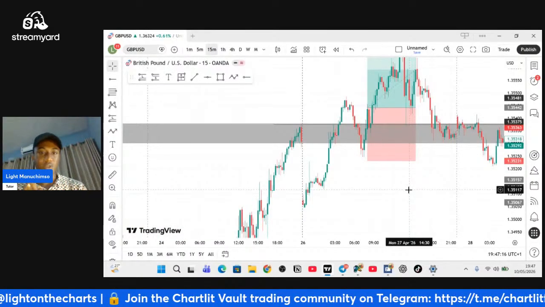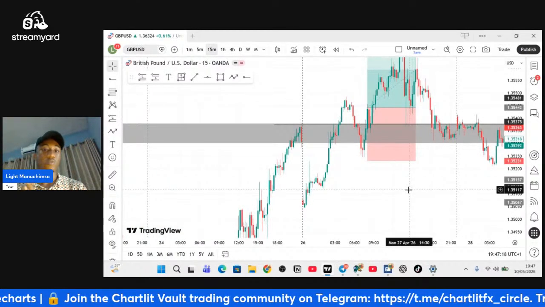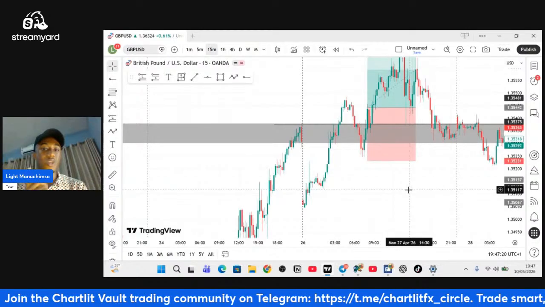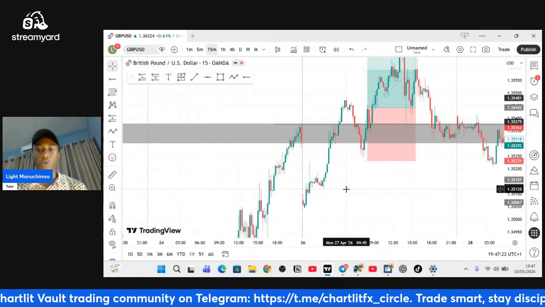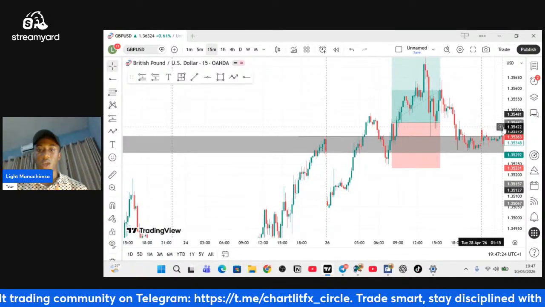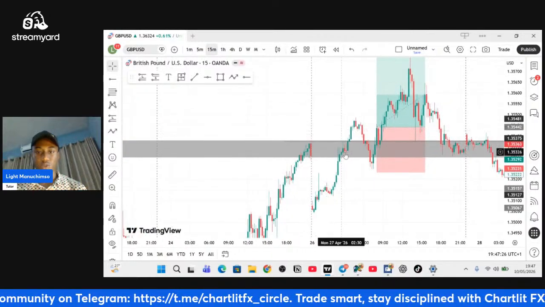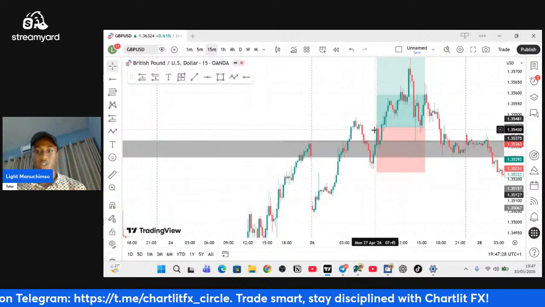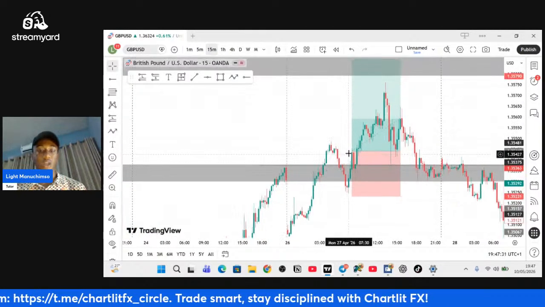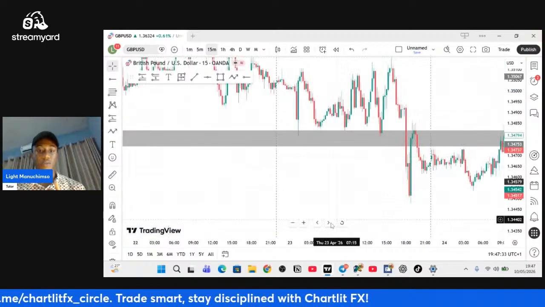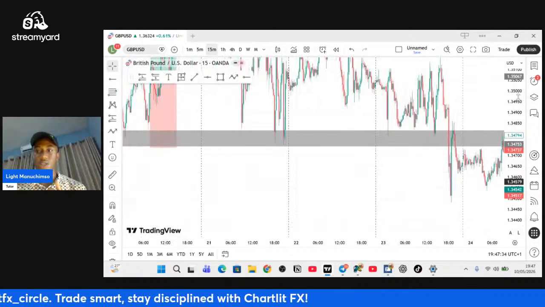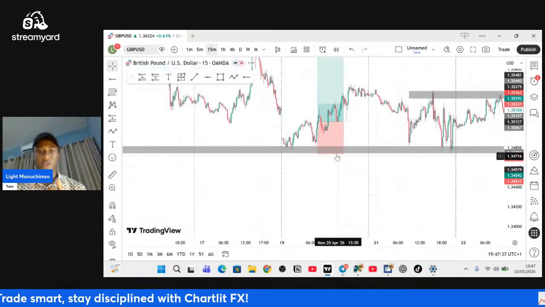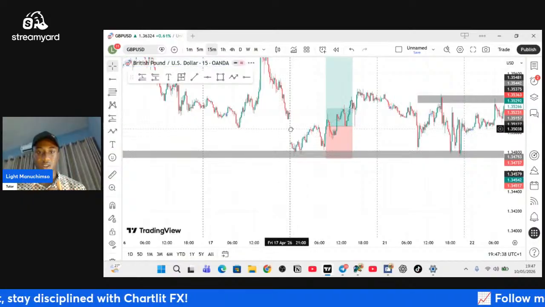I have my previous day's high or low liquidity sweep taking one of them. And I have to have my candlestick patterns formed as well before I take any trade. And you can see it happened just here and I got it and everyone made money. So that is just how it is.